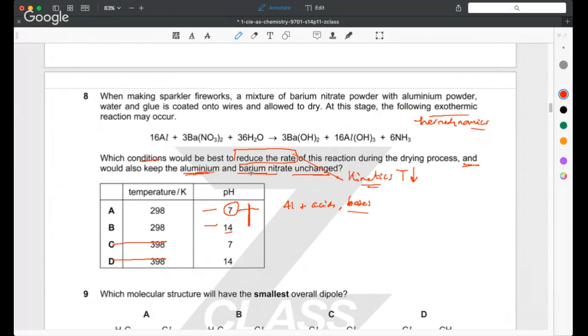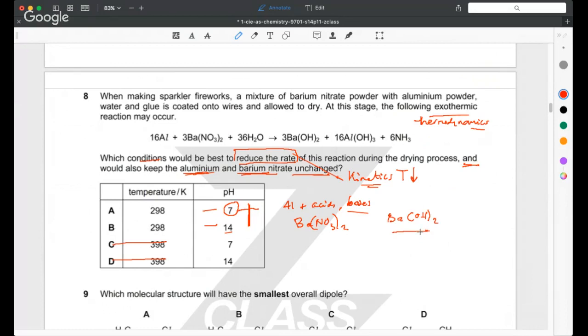The barium nitrate part, you just need to know that, like all nitrates, barium nitrate is soluble, but barium hydroxide is actually a lot less soluble than barium nitrate. And so, for example, if we increase the pH up to pH 14, then we might start making some barium hydroxide, which is going to be possibly insoluble, depending on how much water there's around.